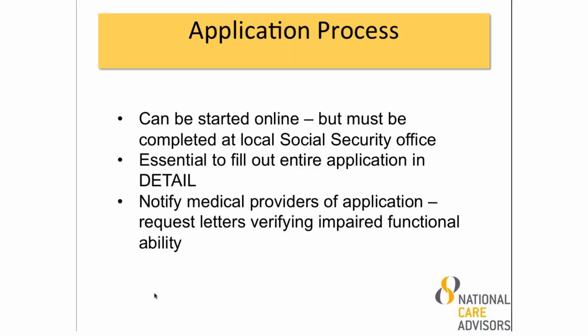It's really important to fill out the entire application in detail. That means if they ask you for an address of a physician, you've got to give them the address of the physician. If they ask for a previous employer, you need to give that detail. We often find that individuals are denied SSI benefit only because the application was not filled out completely.